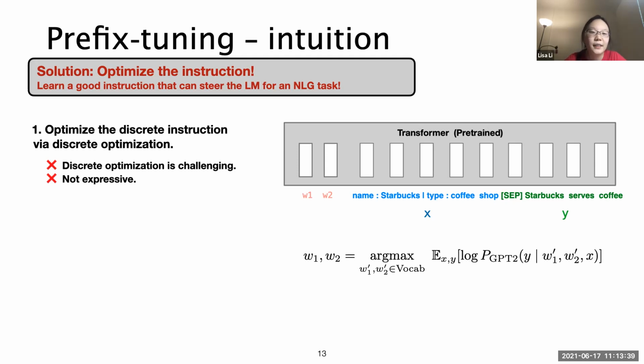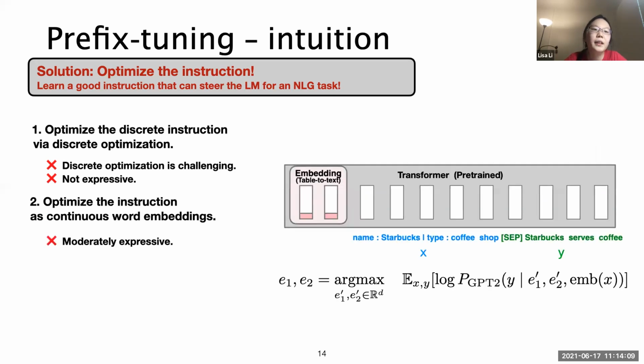Option 1 is to optimize the discrete instruction via discrete optimization. As shown in the figure, we try to select good W1 and W2 from the vocabulary, such that prepending them would steer the generation of Y conditioned on W1, W2, and X. However, the caveats are that discrete optimization is hard, and we are constrained to choosing words from the vocabulary, which is not very expressive.